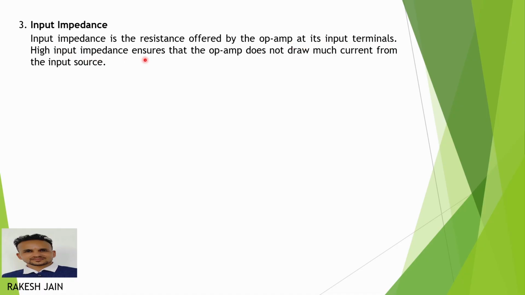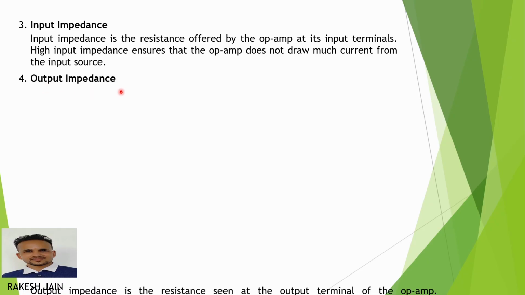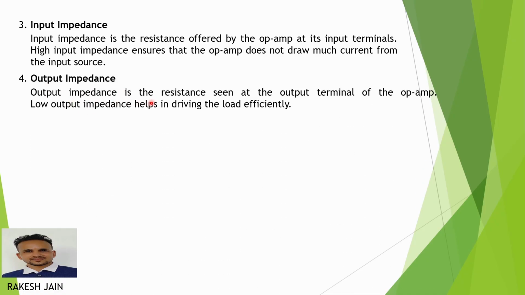High input impedance ensures that the operational amplifier does not draw much current from the input source. Output impedance. Output impedance is the resistance seen at the output terminal of the operational amplifier. Low output impedance helps in driving the load effectively and efficiently.